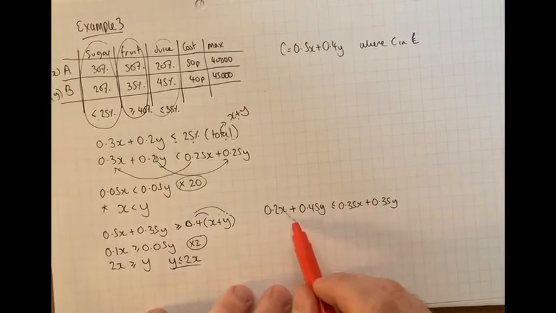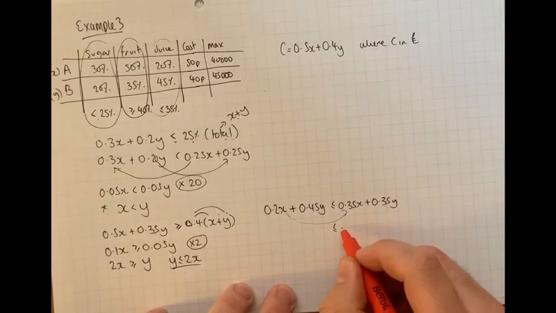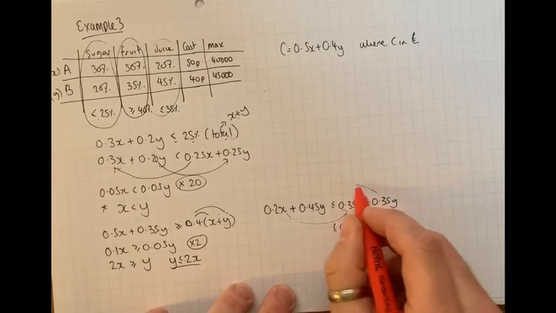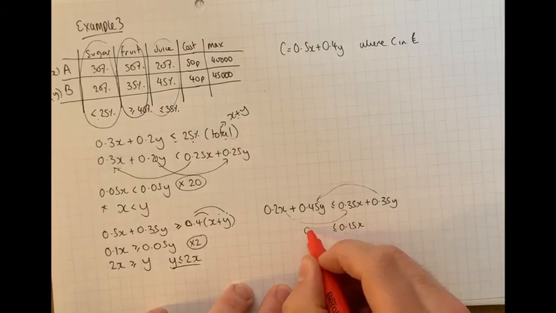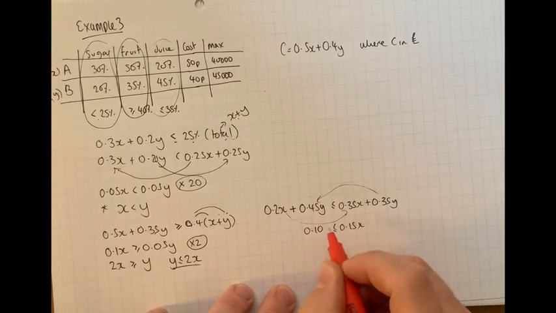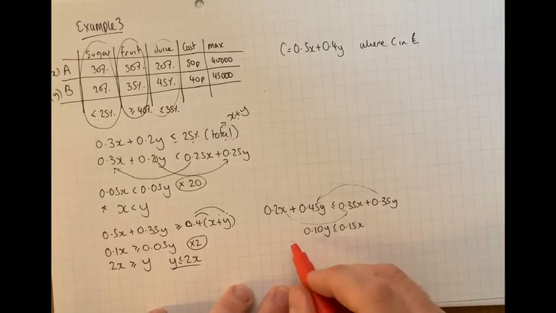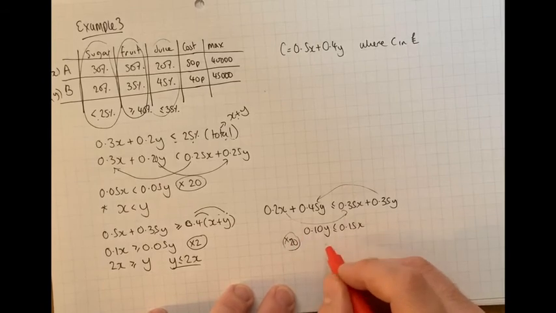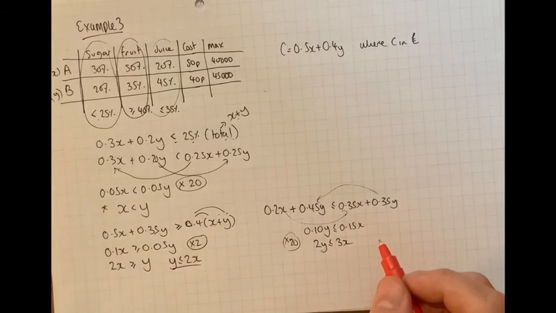This time, if we bring the x over here, 0.35 take away 0.20 is 0.15. We'll bring this one over here, 0.45y take away 0.35y, it's 0.10y or 0.1y. And then if we times that by 20 again, we're going to get 2y is less than or equal to 3x.